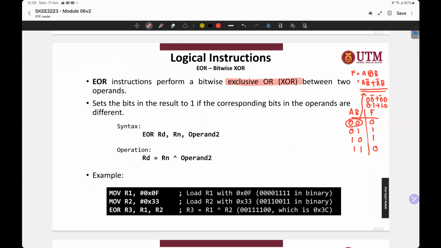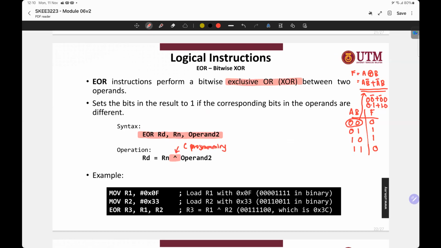This is the syntax for the exclusive OR: EOR Rd, Rn and operand 2. The operand 2 can be an immediate value or a register. And this is the operation. Every time you see the caret symbol, it means you are going to do an exclusive OR, because in C programming this symbol represents exclusive OR.